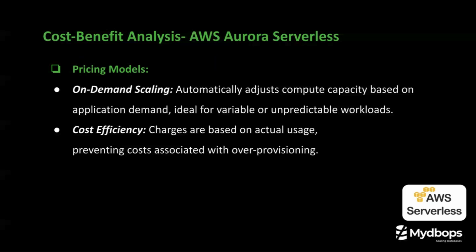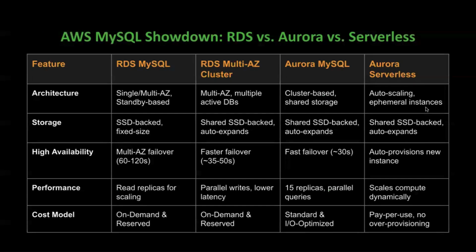Now that we have compared AWS RDS, Aurora MySQL, and Aurora Serverless, here is the final conclusion and takeaways. RDS MySQL, I would say, is a great fit for traditional workloads which need a managed MySQL database with multi-AZ failover and replicas for scaling.